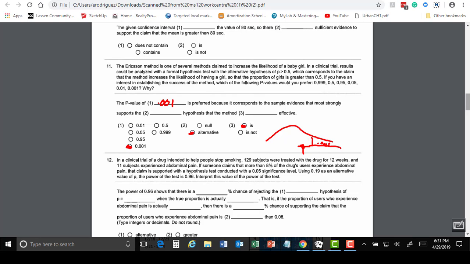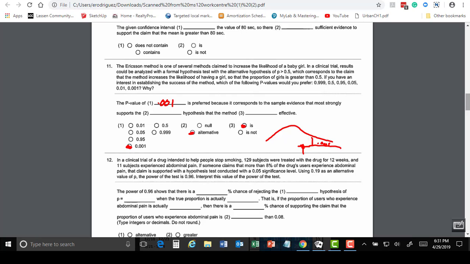Here we go again. A drug intended to help people stop smoking. There were 129 subjects treated with the drug for 12 weeks. This is from biostatistics. 11 subjects experienced abdominal pain.